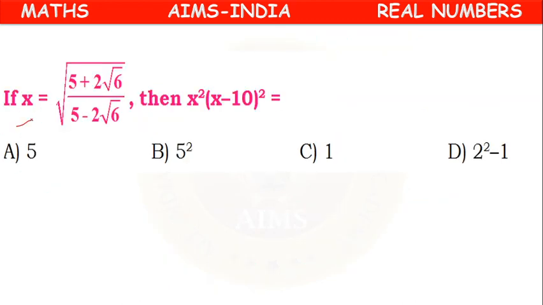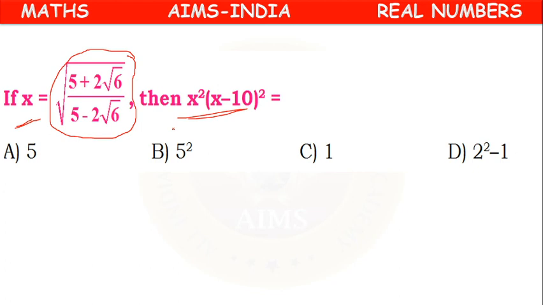Next one. If x equals some given value, then x square into x minus 10 whole square. We have to simplify this.